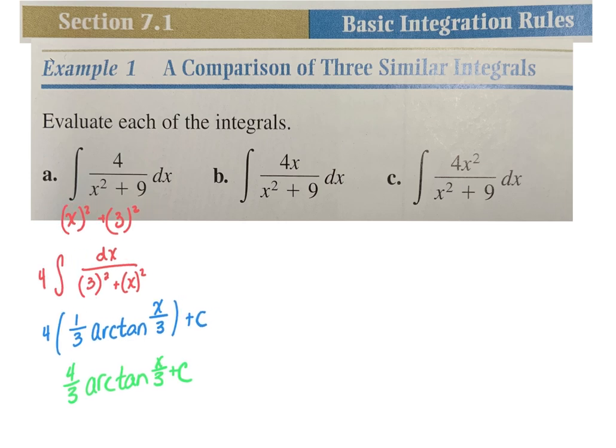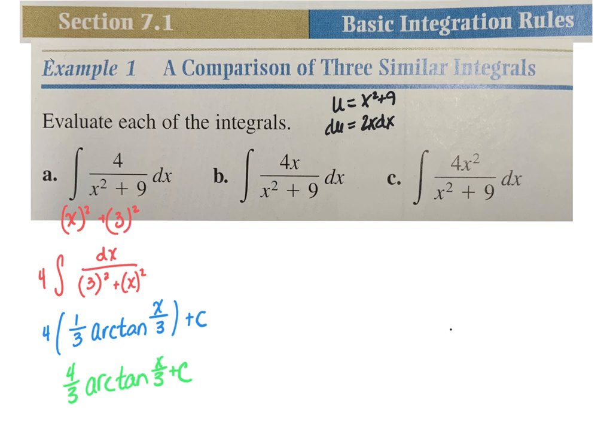So if I look at the middle one, I can use substitution, but what do I need to do to make it perfect? So if my u is x squared plus 9, my du is going to be 2x dx. What do I need? 4x. So I need to do what? Multiply by 2.